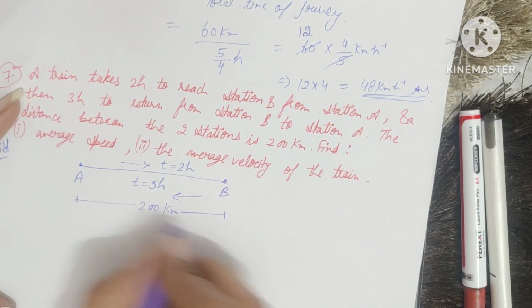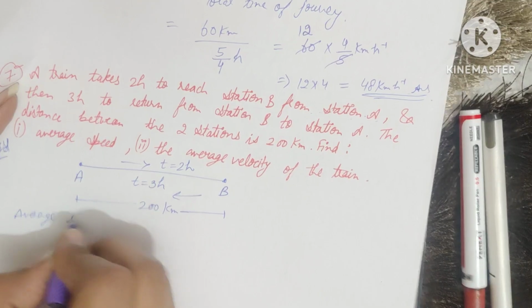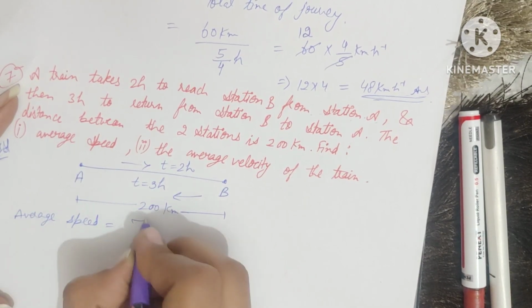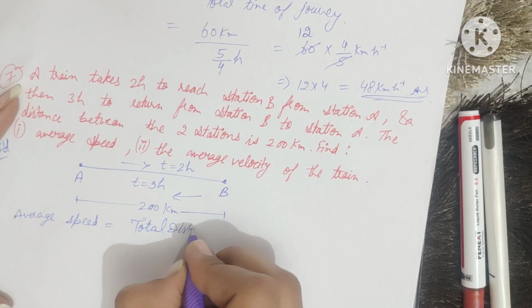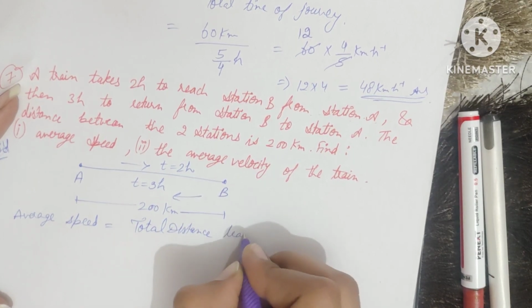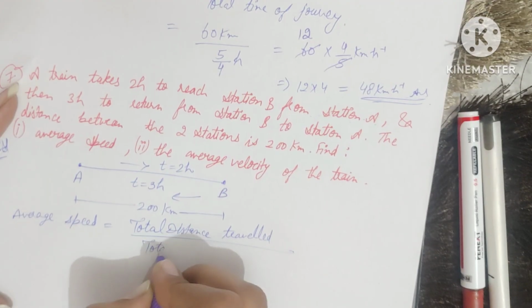So let's start with the question. Average speed is equal to, what is the formula for the average speed? It is equal to total distance covered divided by total time taken.